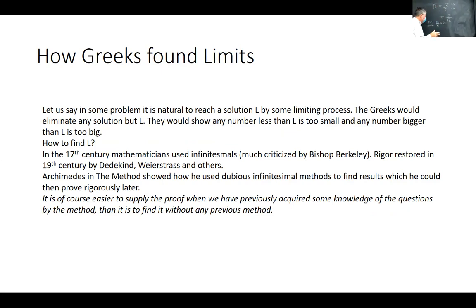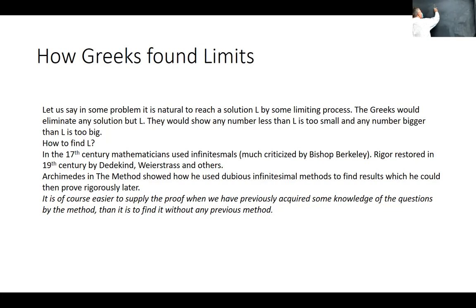The way that they went about finding limits would be, first they would guess what the answer was, and then they would show that the answer cannot not be that. So for example, let's do a simple one.